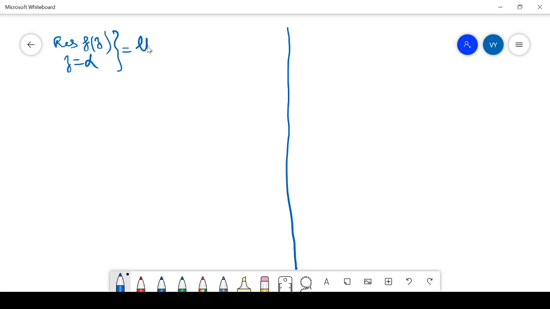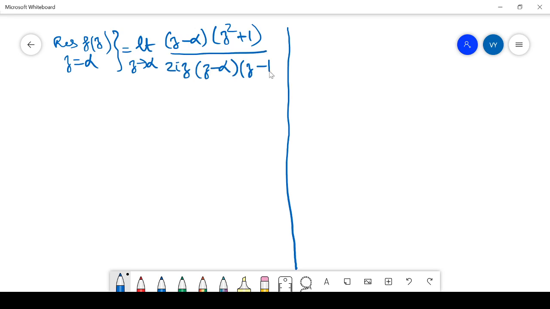This will be limit z tending to alpha, z minus alpha into z squared plus 1 by 2iz into z minus alpha into z minus beta. So these two get cancelled here. I will have alpha squared plus 1 by 2i alpha into alpha minus beta.